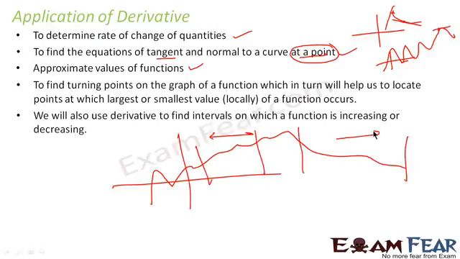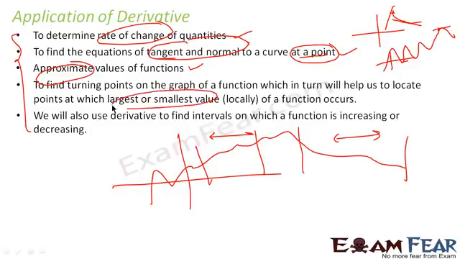If I want to find which interval it is increasing and which interval it is decreasing, we can find that using derivatives. So these are some of the practical applications of derivatives in real life: the rate of change of quantity, equation of tangent and normal, approximate values, maxima and minima, smallest or largest value, and increasing or decreasing functions.